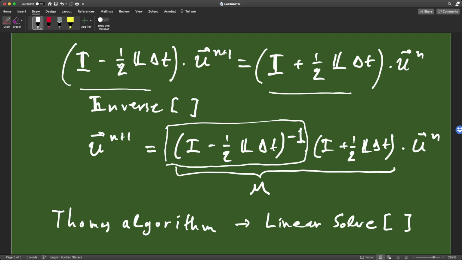Then that will be done faster compared to this matrix multiplication. And again, this is advised if you use finite difference methods, so that L is a sparse matrix, then that's the fastest way to do it. If you use pseudospectral methods, then the Thomas algorithm does not apply anymore because these matrices are not sparse. So in that case, it's better to just invert this matrix, store it, and then use matrix multiplication at each time step.